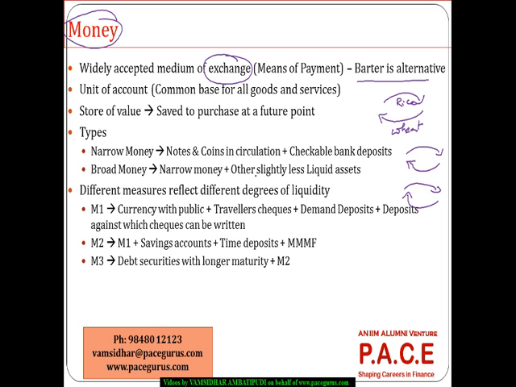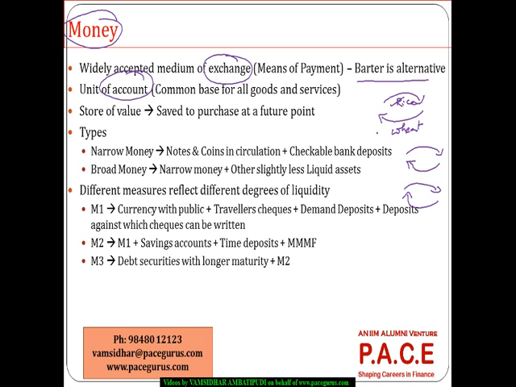So money is a medium of exchange and a means of payment. Money has created a kind of revolution in the current day's world. It's a unit of account because almost every item's price is expressed in the form of money, not in the form of anything else.